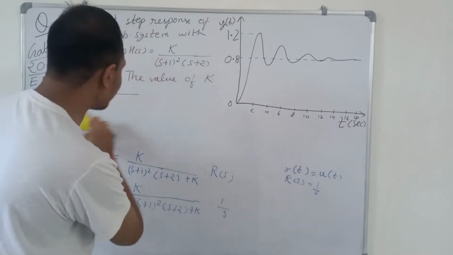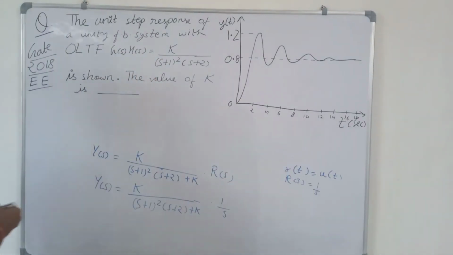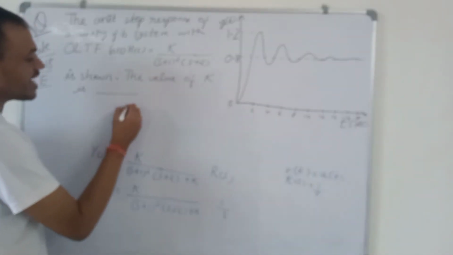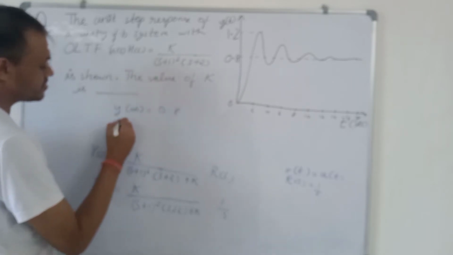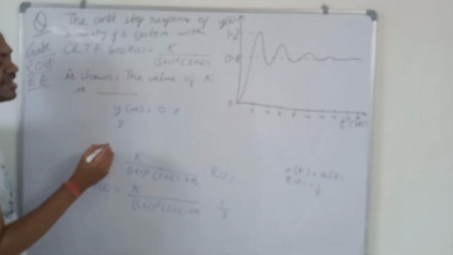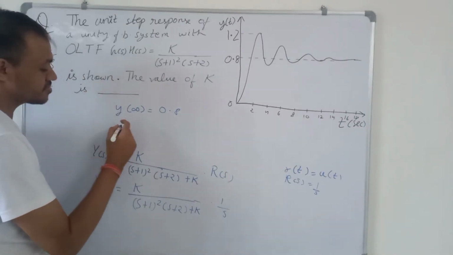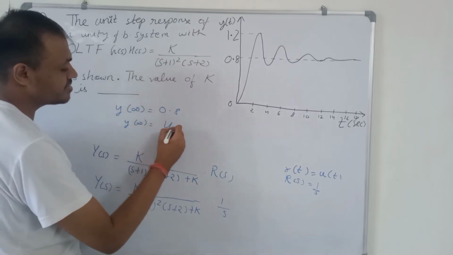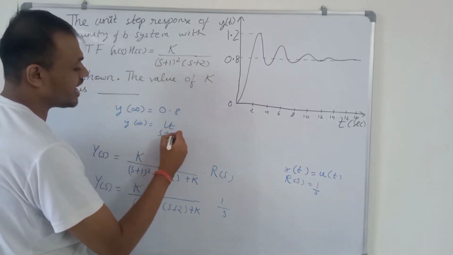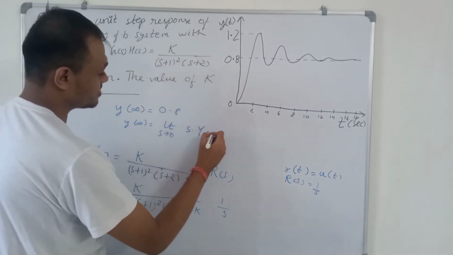So we can apply the final value theorem. Y of infinity is equal to 0.8, and the final value theorem is y of infinity equal to limit s tends to 0 of s into Y(s).